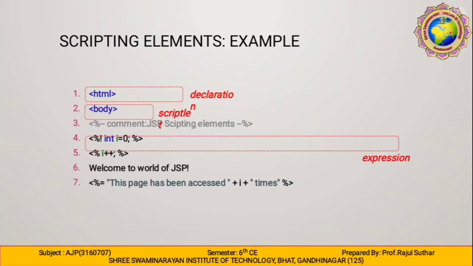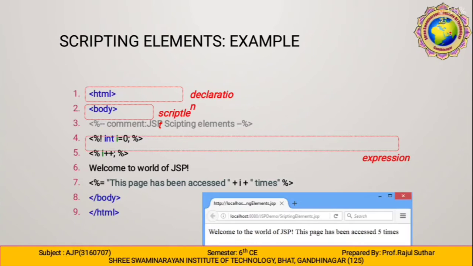Integer i is equal to 0, and this is a simple HTML comment. The gray font indicates the HTML comment. The output of this page is: welcome to the world of JSP, this page has been accessed 5 times. Here i indicates your value, so integer i is equal to 0 and this counter increments 5 times.